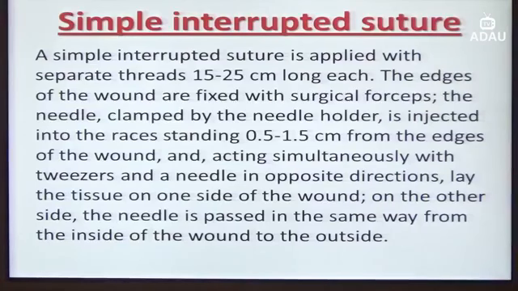The spacing for each stitch should be 0.75 or 0.5 centimeters, the length of each thread should be 15 or 25 centimeters, and the depth of needle injection should be 0.5 or 1.5 centimeters.